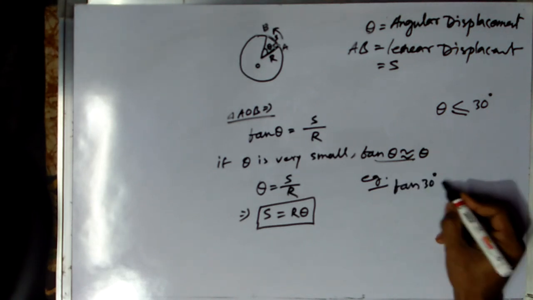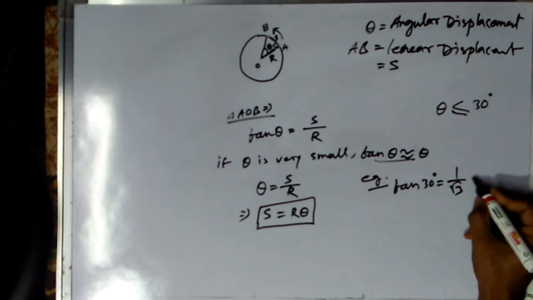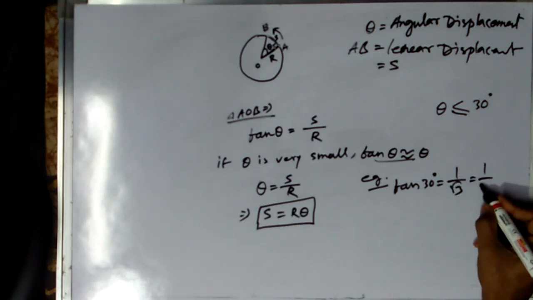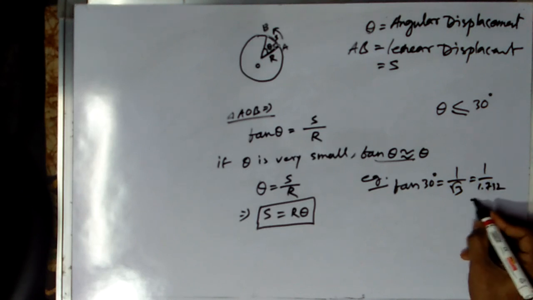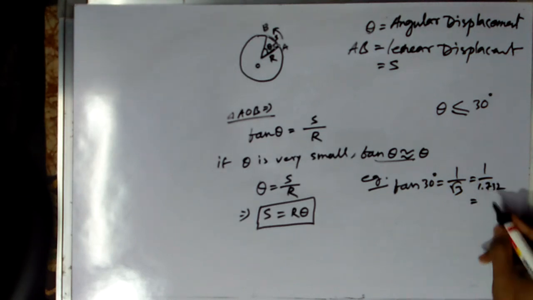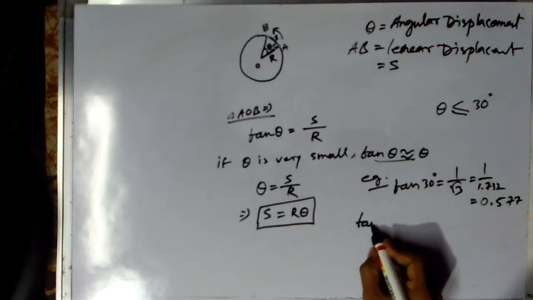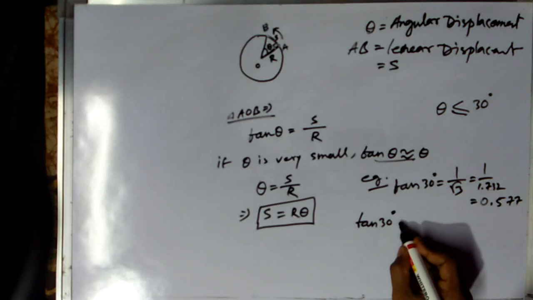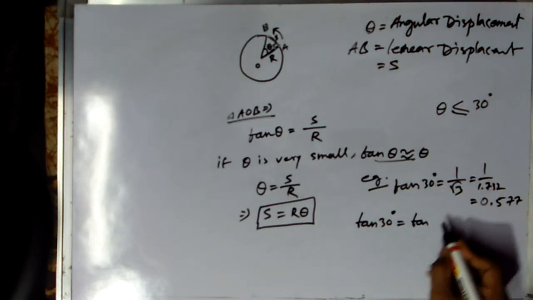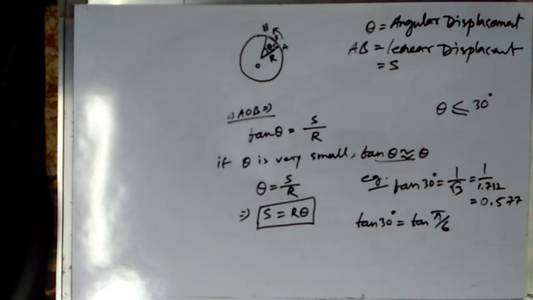You know tan 30 is 1 by root 3, which is 1 by 1.732. What is its value? Its value comes to 0.577. So we can write tan 30 as tan pi by 6.